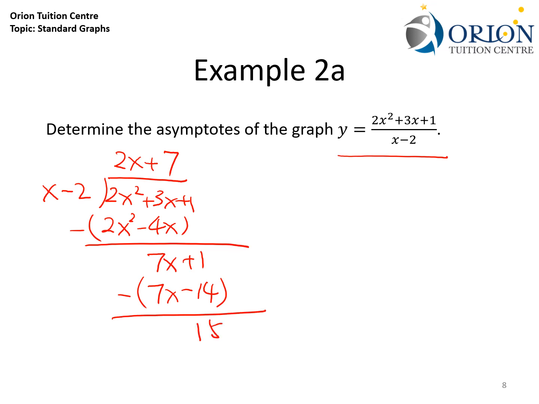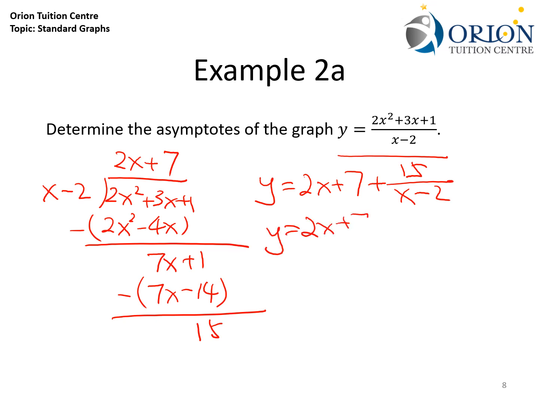So we know that this equation can be written as y = 2x + 7 + 15/(x - 2). We can say that y = 2x + 7 is the oblique asymptote, whereas x - 2 = 0, or x = 2, gives us the vertical asymptote.